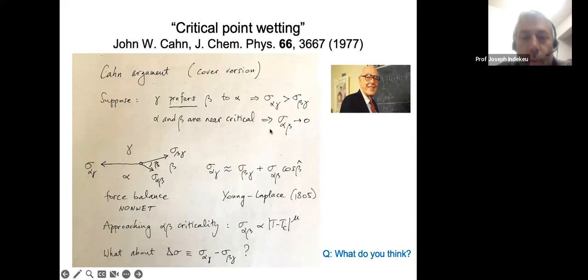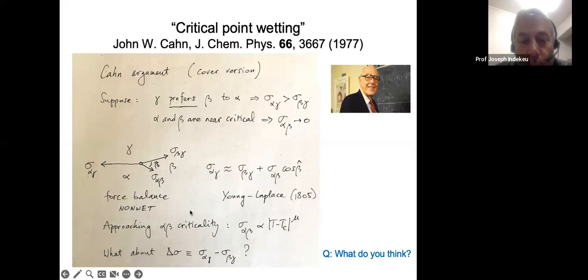So close to alpha beta criticality, we are dealing with the Young-Laplace equation for mechanical equilibrium of the contact line. This we have already discussed.